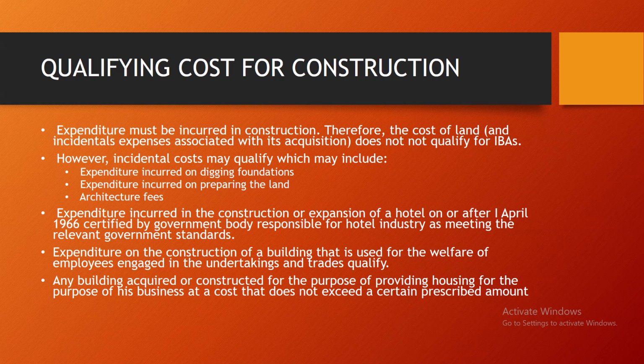Also, expenditure on the construction of a building that is used for the welfare of employees engaged in the undertaking and the trades qualifies. So you will be looking at things like a canteen, which is an industrial building because it is used for the welfare of employees engaged in the undertaking.